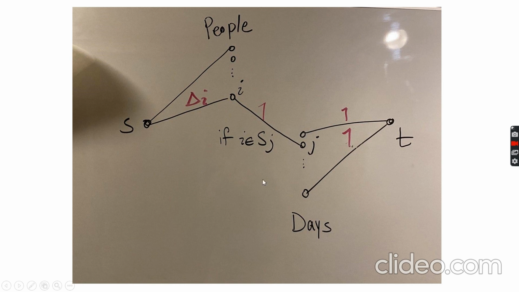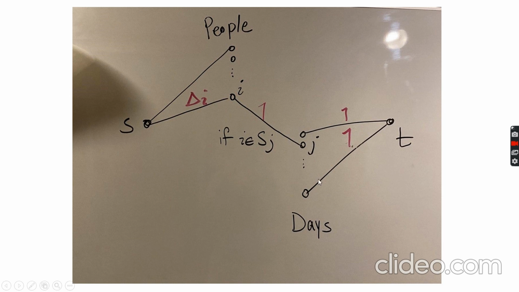So we have a flow of 1 from S to i to j to T whenever driver i is driving on day j. Now we need to show that this is a feasible flow, in that we are not violating any of the capacity constraints here.